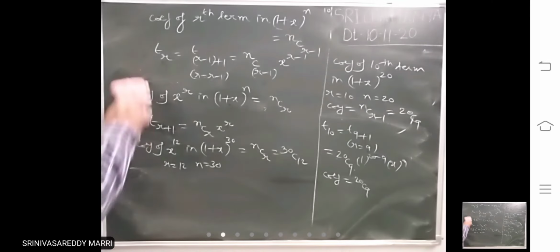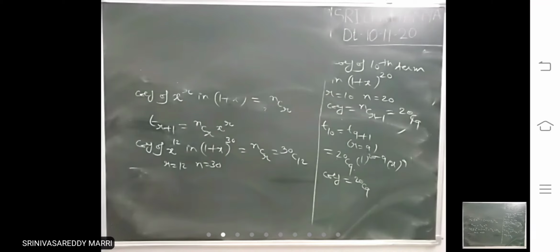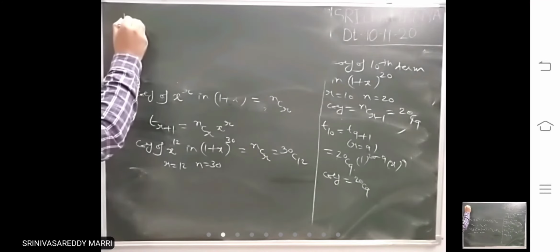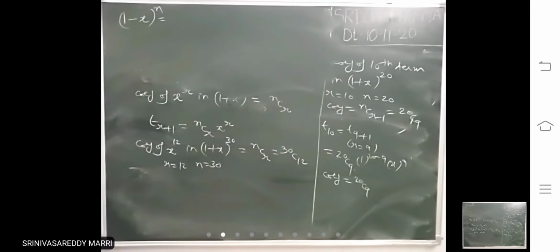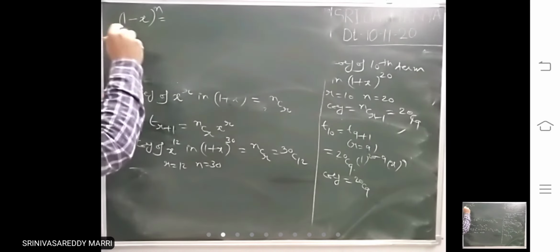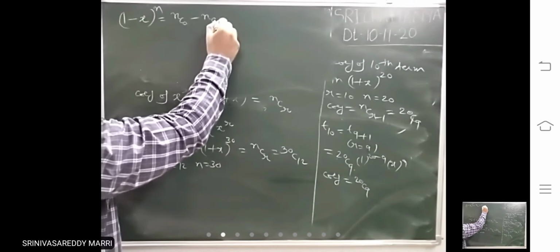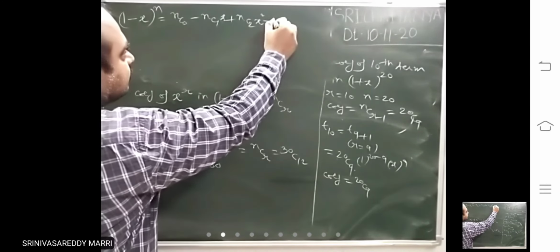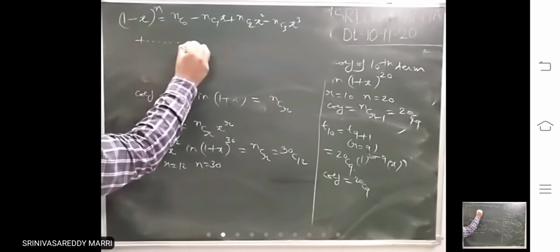Next expansion. For the same expansion, the minus expansion will be there. Minus expansion means just in (1 plus x) whole power n, alternate plus minus: 1 minus nC1 x plus nC2 x square minus nC3 x cube and so on.